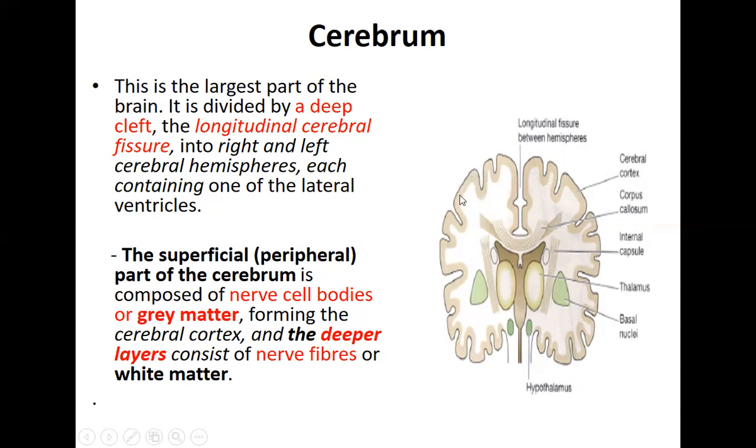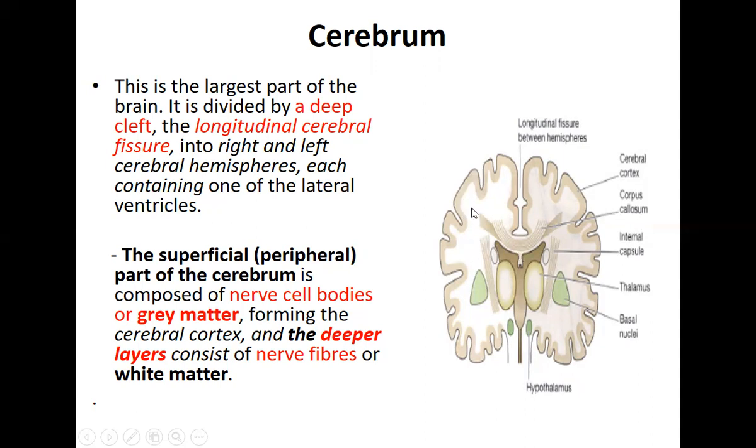The gray matter is formed by the cell bodies of the neurons. As you saw, all the cell bodies of the neurons will be present here, so that's why it looks grayish in color. But the fibers running, especially the axons, are covered by the myelin sheath, which we saw before. The white sheath gives a whitish color here.